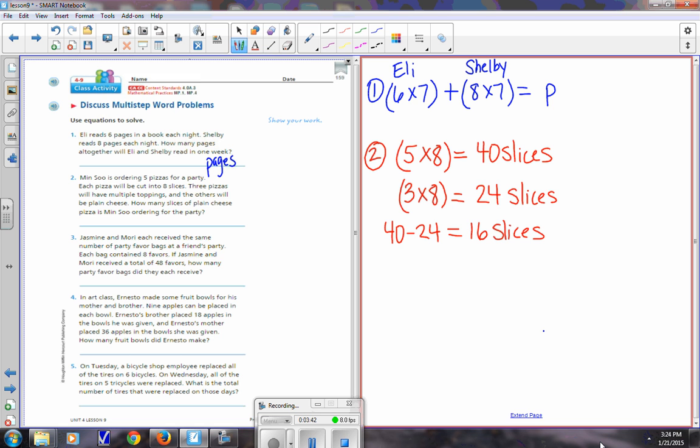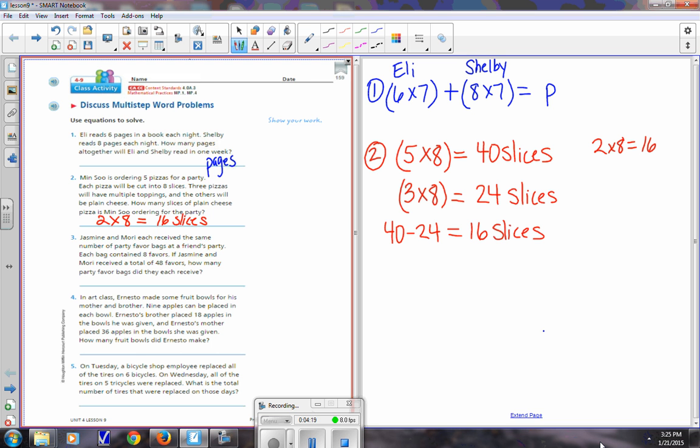If you know that you have 3 pizzas of multiple toppings, and you ordered 5 pizzas, you know that you have 2 pizzas that are cheese, and 2 pizzas at 8 slices each equals 16 slices, which is your plain cheese pizza. So you could do this in multiple ways, but 2 pizzas times 8 slices equals 16 slices of plain cheese.